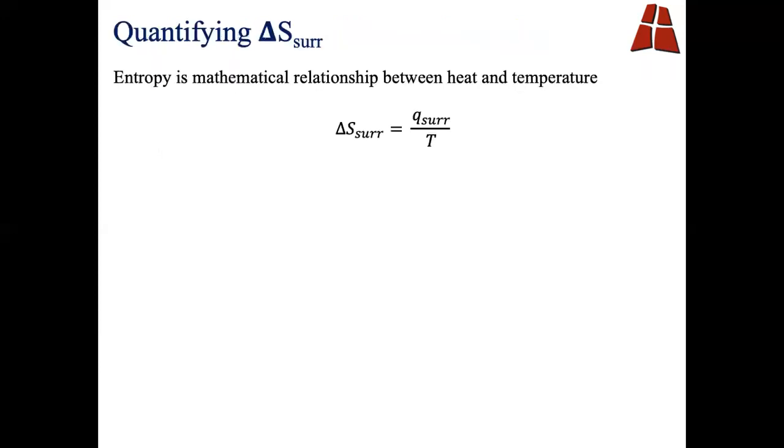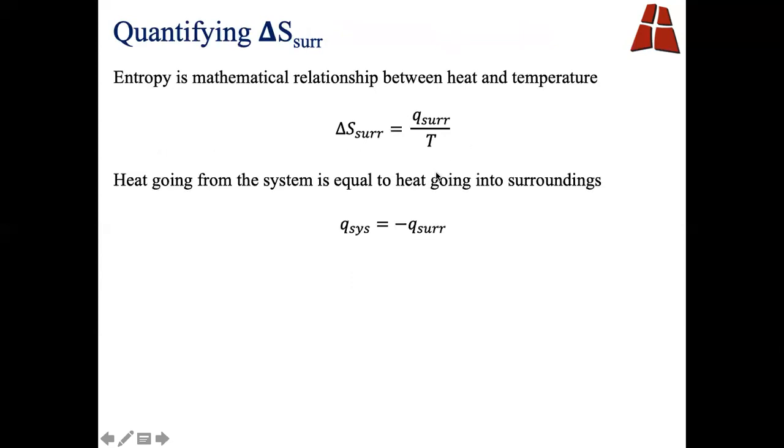Okay. Just a couple of reminders from General Chemistry 1. So tying together what we learned in our thermochemistry unit with thinking about how we'd quantify this change in entropy of the surroundings, we could define the change in the entropy of the surroundings as the heat in the surroundings divided by whatever temperature it's at.